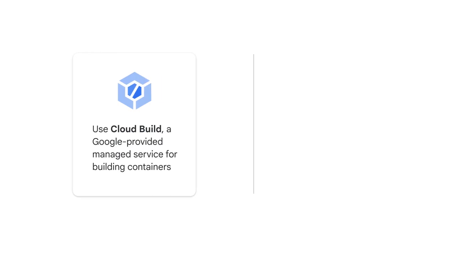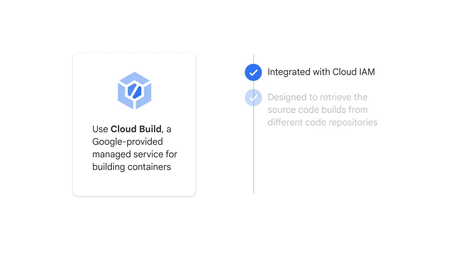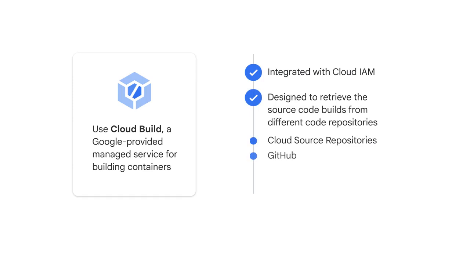Google provides a managed service for building containers called Cloud Build. Cloud Build is integrated with Cloud IAM and was designed to retrieve the source code builds from different code repositories, including cloud source repositories or Git-compatible repositories like GitHub and Bitbucket. To generate a build with Cloud Build, you must define a series of steps.